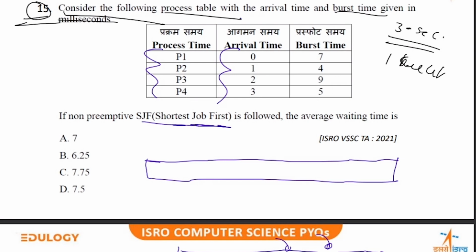What does it mean? The process whose burst time is smallest will execute, or we will provide the CPU first to that particular process. So see, first we have to check whether that particular process is alive in the ready queue or not.